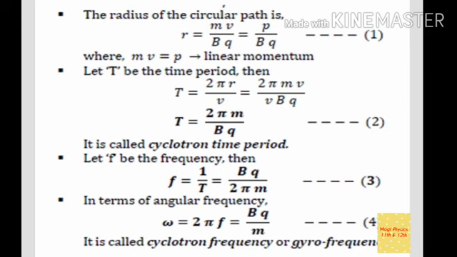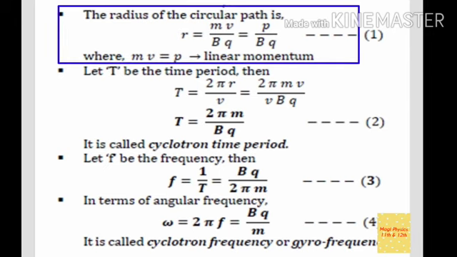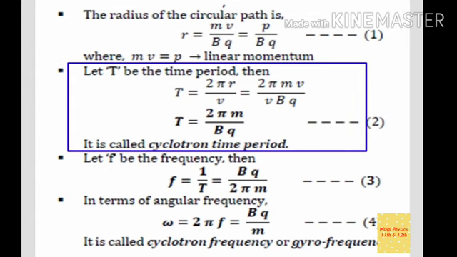From this equation, the radius of the circular path can be written as r is equal to mv by Bq, which is equal to p by Bq. Here m into v is replaced by the letter p, which indicates momentum. We know momentum is nothing but the product of mass and velocity.